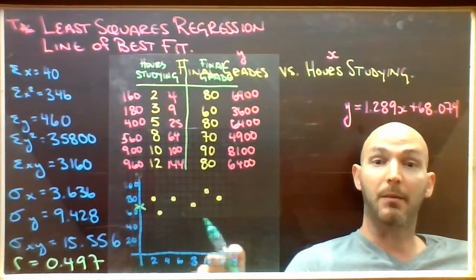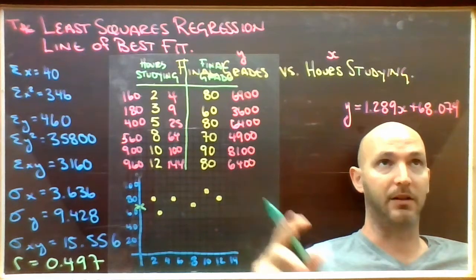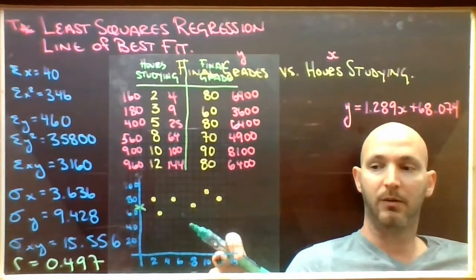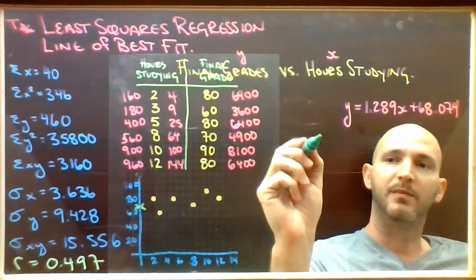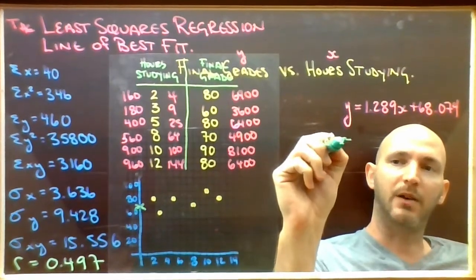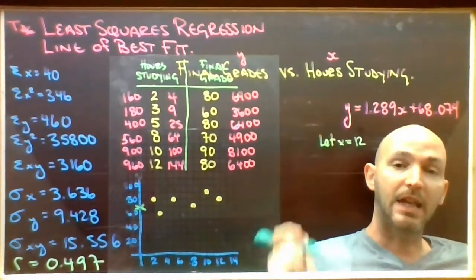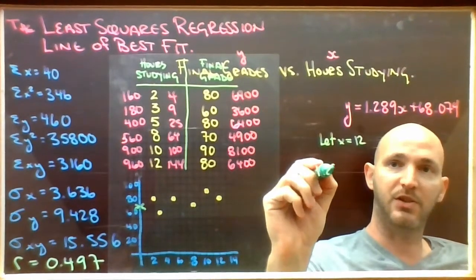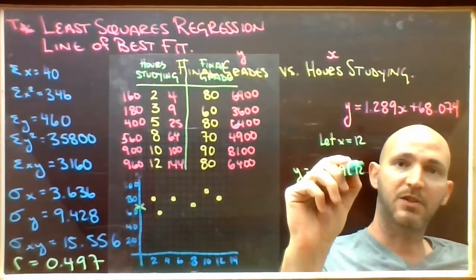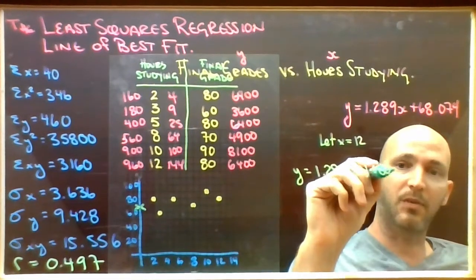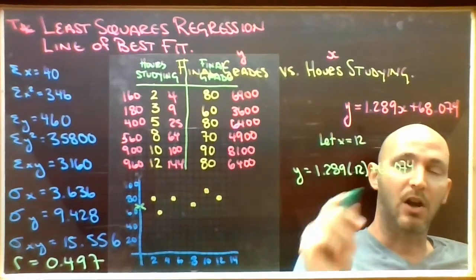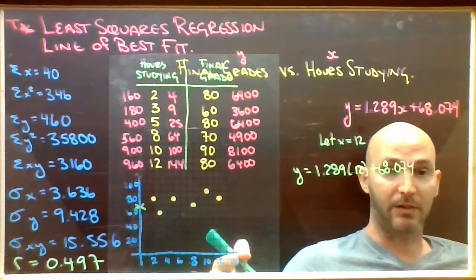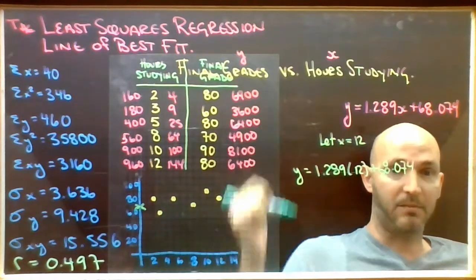I'm just going to pick a place out here. Let's pick one at random. Let's see there. What did I get? 12? So I'm going to let x equal 12. If x equals 12, then my y value should be 1.289 times 12 plus 68.074. All I did was pick a random spot out here and dump it in my equation.